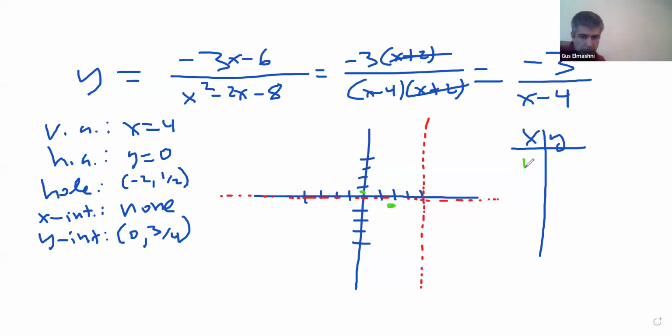Let me plug in 1. Let me plug in 3. So I'm plugging in numbers close by, right? Yeah, so I'll plug in 5. I'll plug in 10. I'll plug in -1. And I'll plug in -10.